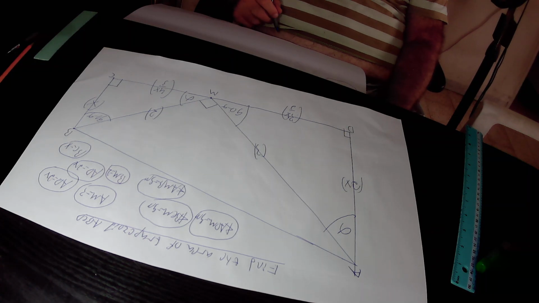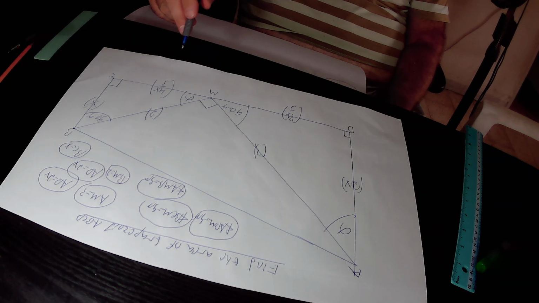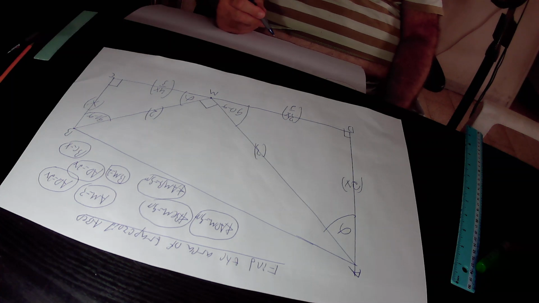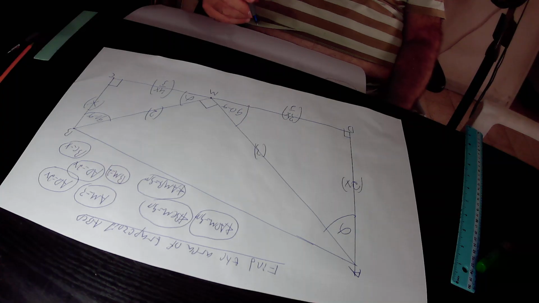In the next step, I'll copy this small right triangle BMC into the project. We'll implement the Pythagorean theorem on this small right triangle BMC.